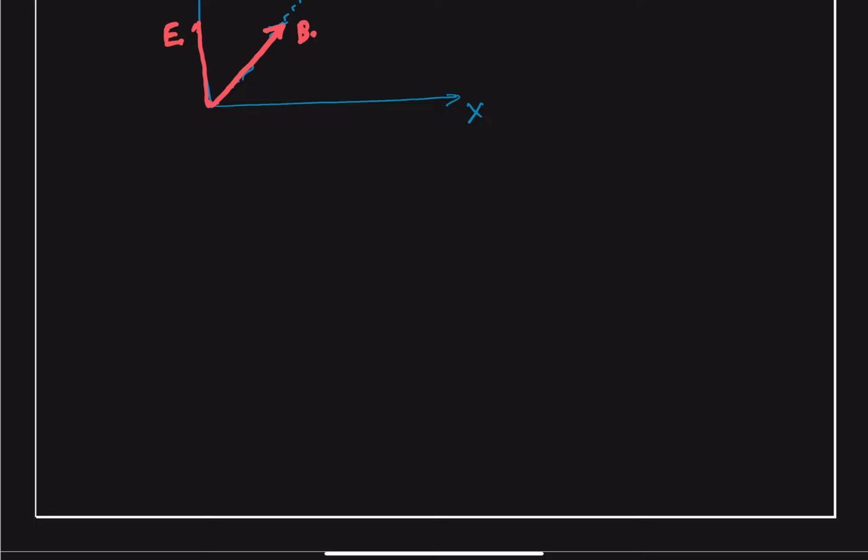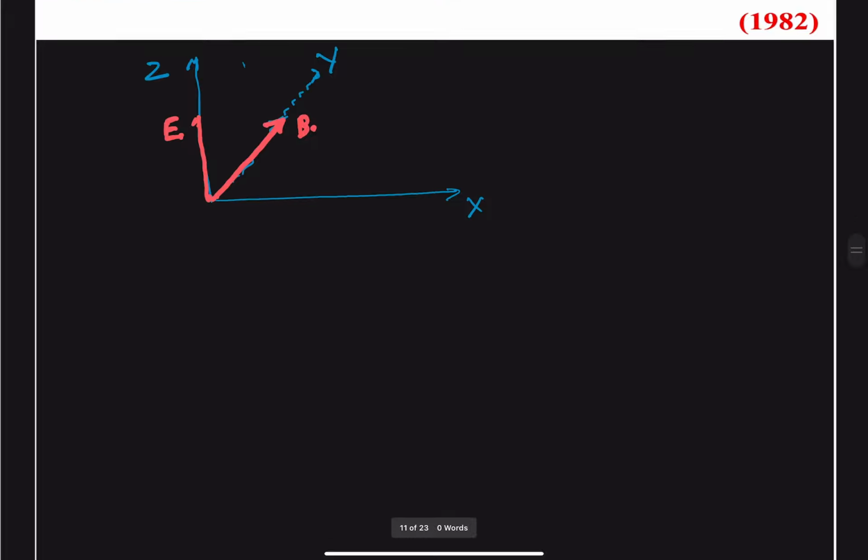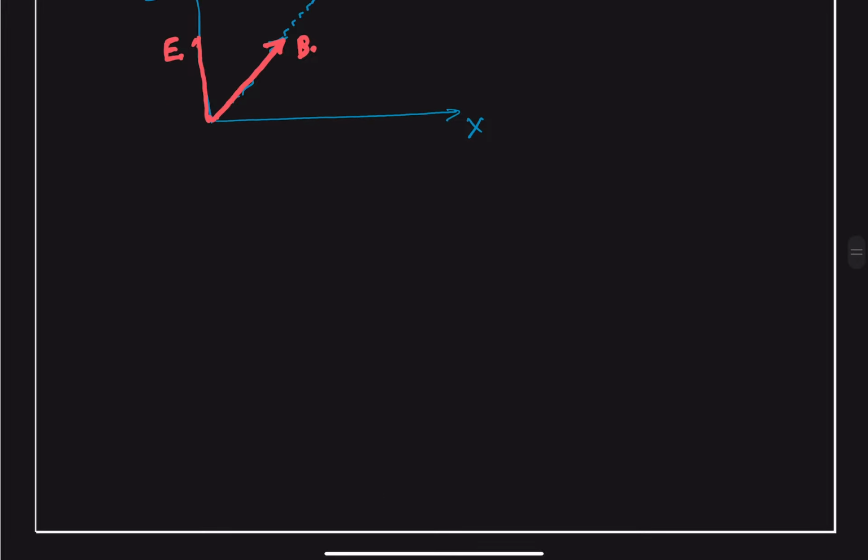So let's understand all the forces acting on the charge whose value is given as plus 1.6. In this case there will be both forces, electric as well as magnetic, acting on the charge.